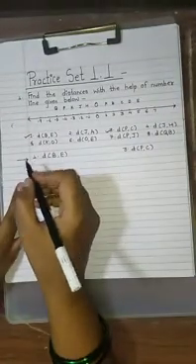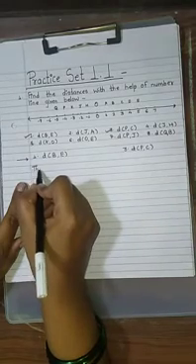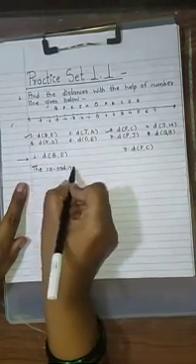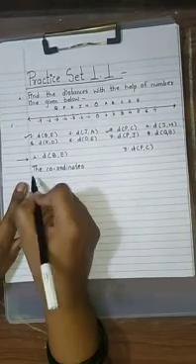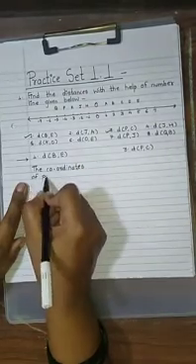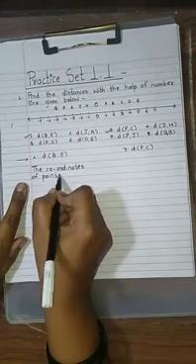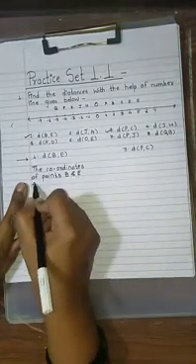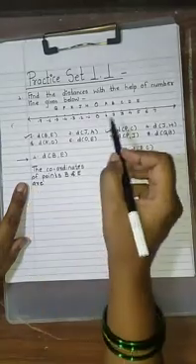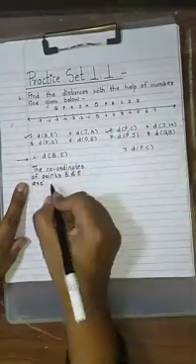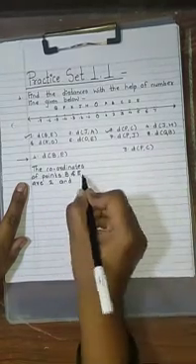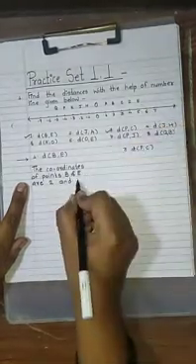Now you can see here the coordinates of points B and E are, so you can see the coordinate of point B is 2 and that of E is 5.